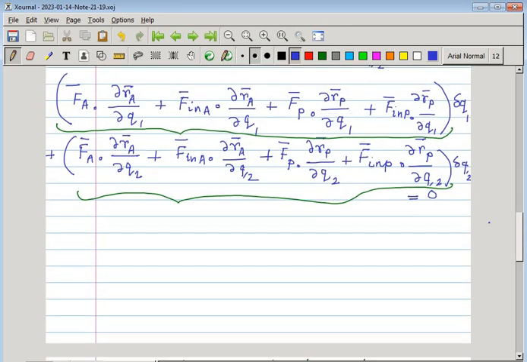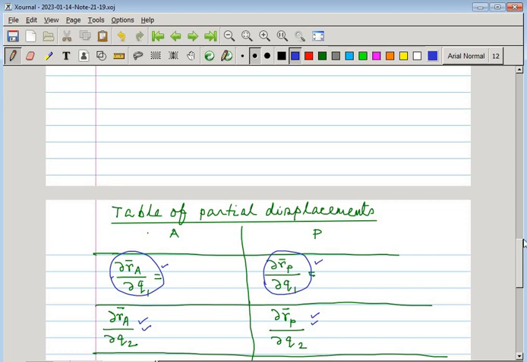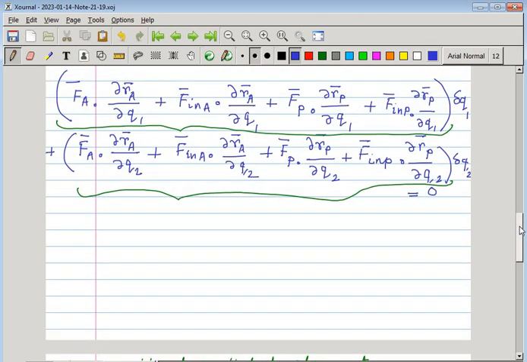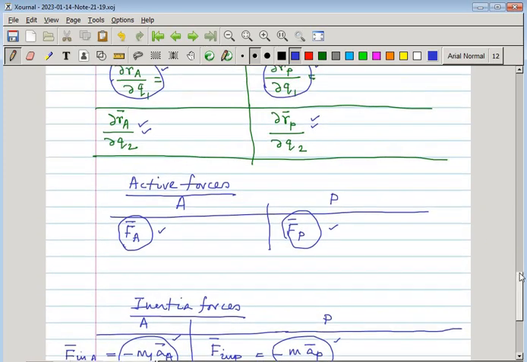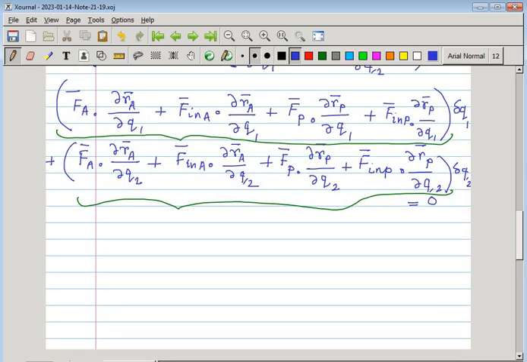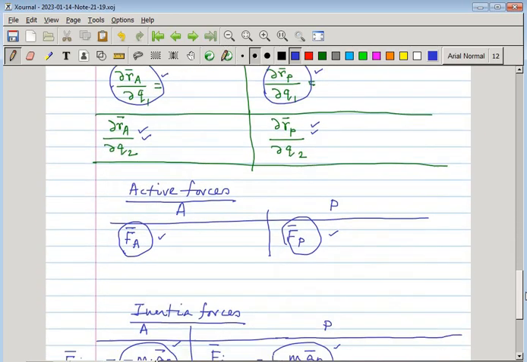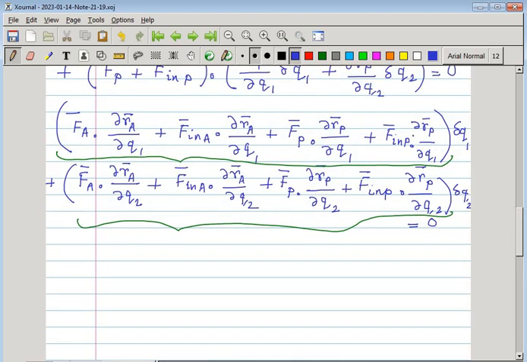So see, Fa is the first term, Fa into del RA/del Q1, plus F in A into del RA/del Q1, plus Fp into del Rp/del Q1 and F inertia P into del Rp/del Q1. So this equation and here this equation.